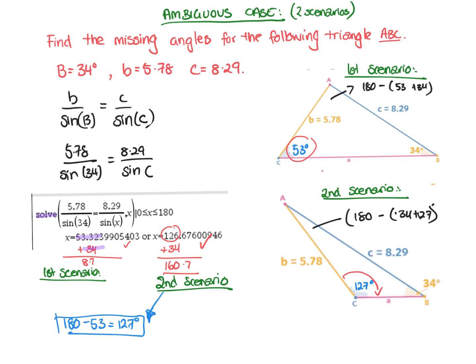Okay. If you do end solve, you get 53. So you can find the second option by going 180 minus 53. But let's just do it this way so that we're aware and we're checking that we don't have that ambiguous case when we're getting questions.